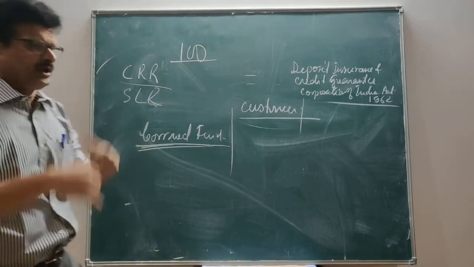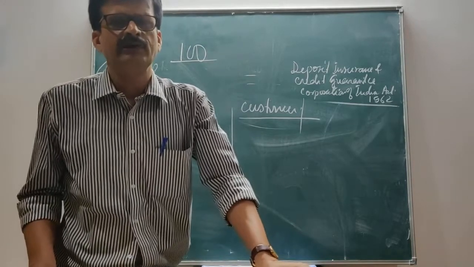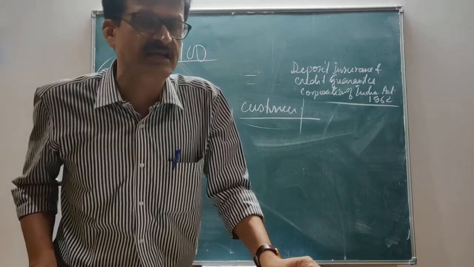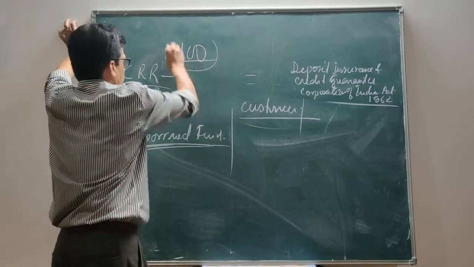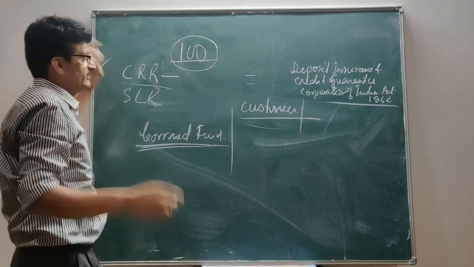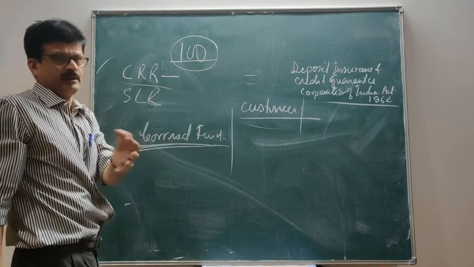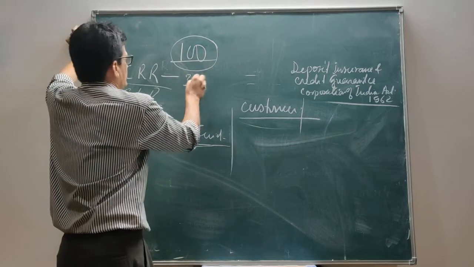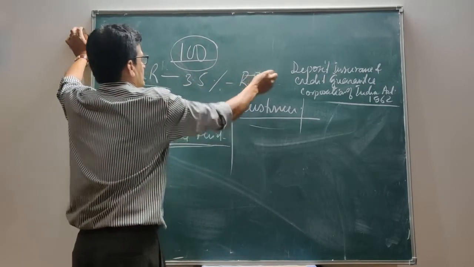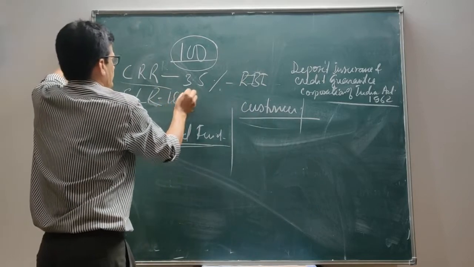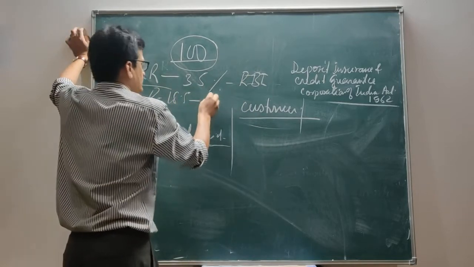Could the whole 100 crore be lent by way of loan and advance, or be invested? No. Some percentage of that 100 crore, which they have collected by accepting demand or time deposits, 3.5 percent as it now stands, will have to be with the RBI. And some 18.5 percent right now should be with the bank itself.